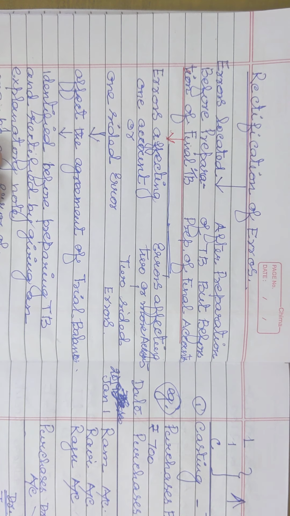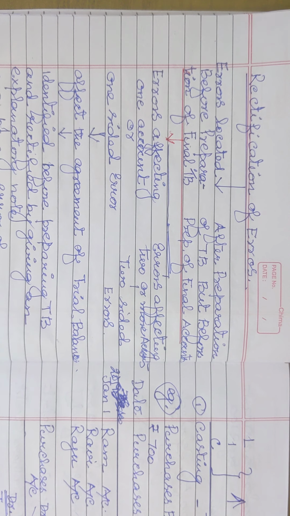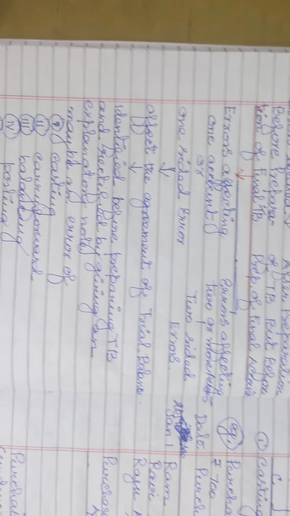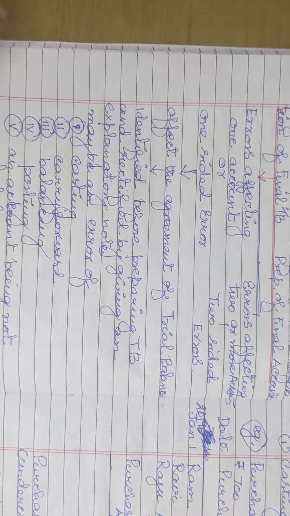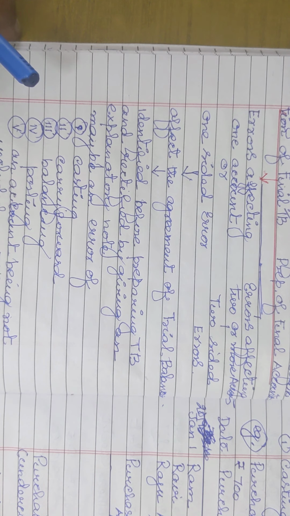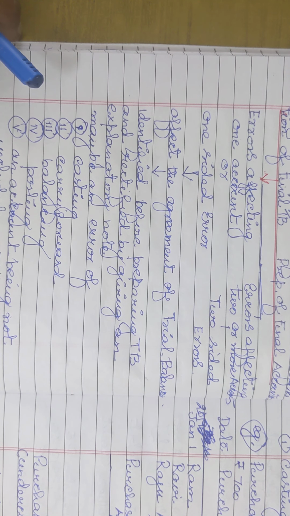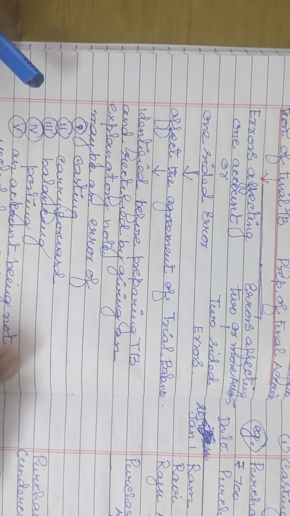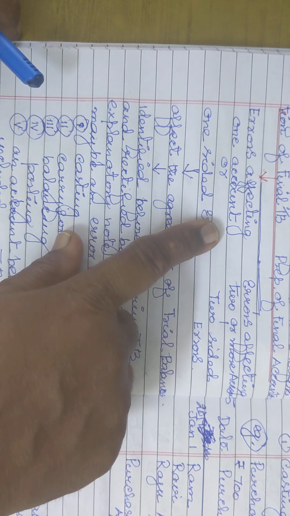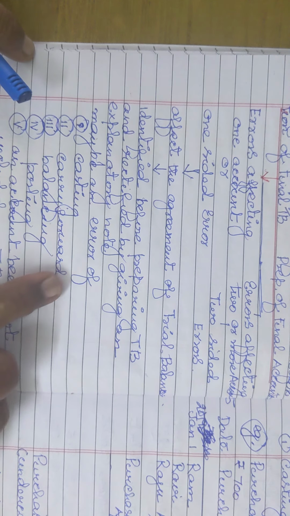These errors are identified before preparing a trial balance and rectified by giving an explanatory note. We are going to rectify it just by giving an explanation because we cannot prepare a journal entry. For preparing a journal entry, we need at least two accounts. Here, the error is in only one account, so we cannot prepare a journal entry.